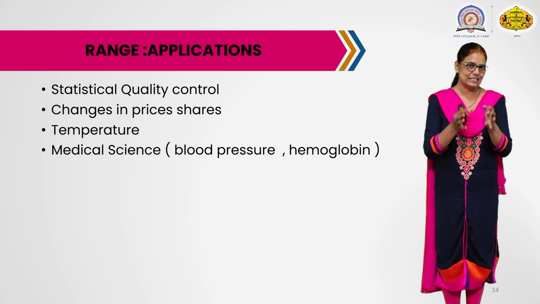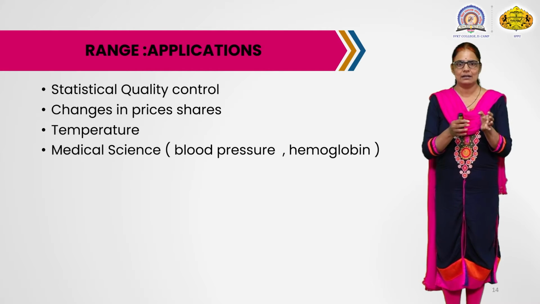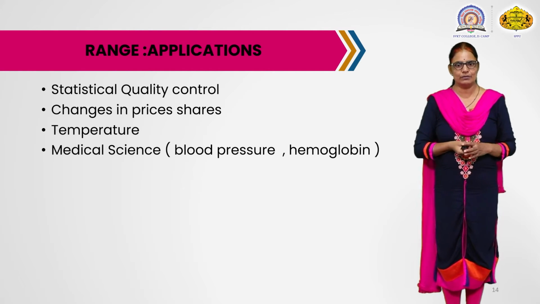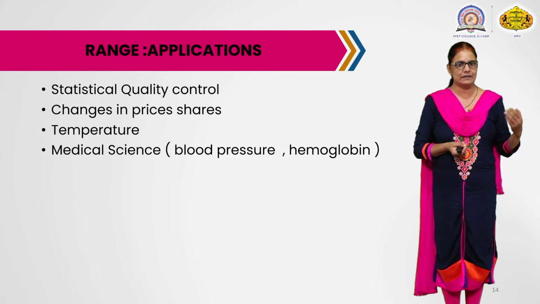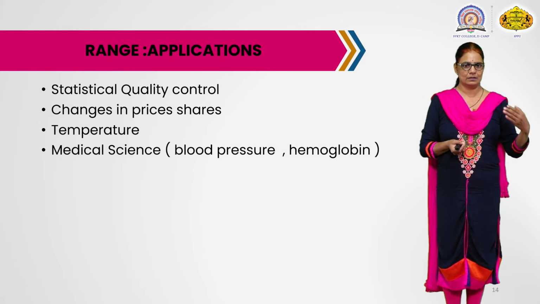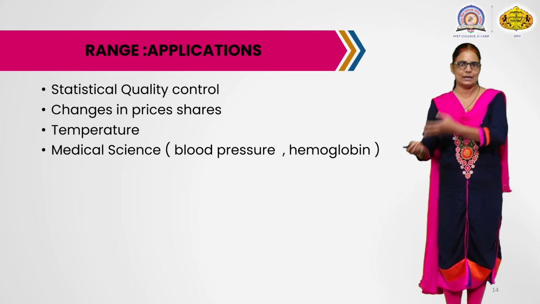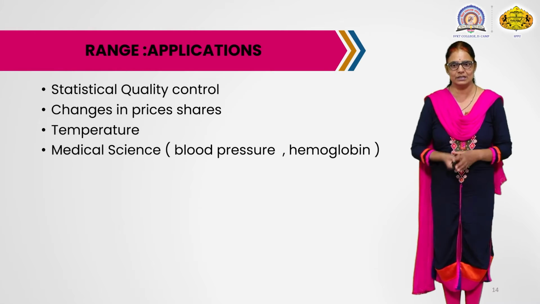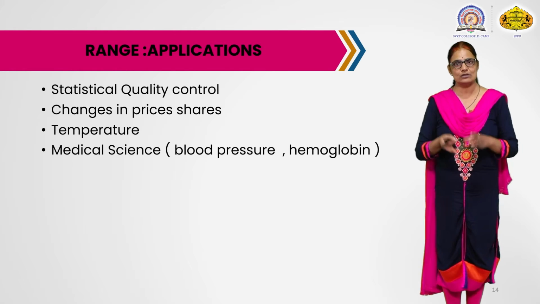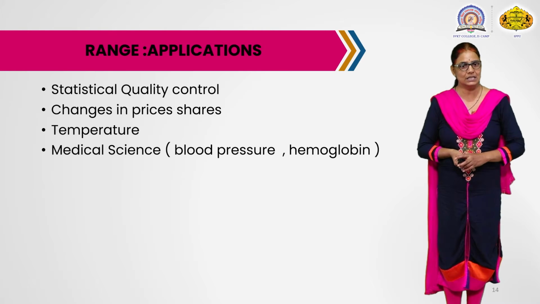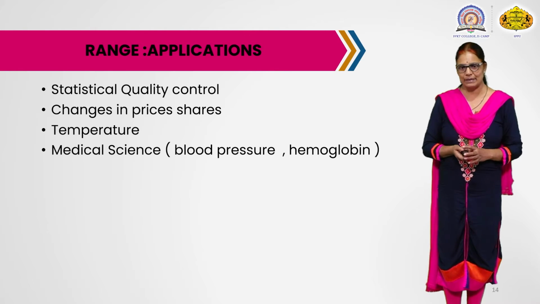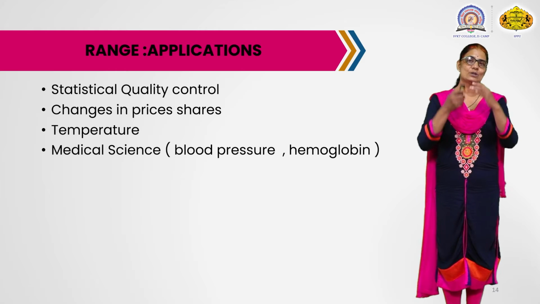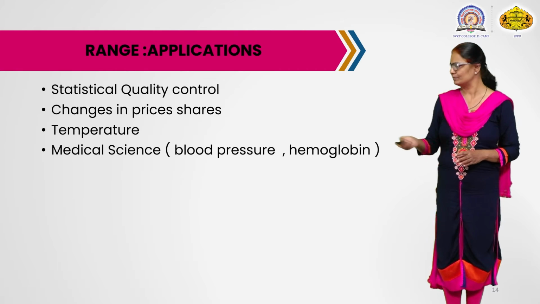We are given the normal range, and for example we always measure the lower limit and the higher limit of the blood pressure. Similarly, for other medical quantities, the range is applicable. So I have to mention some of these applications here.